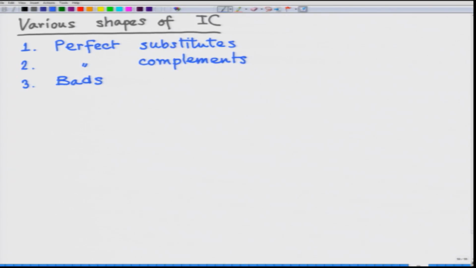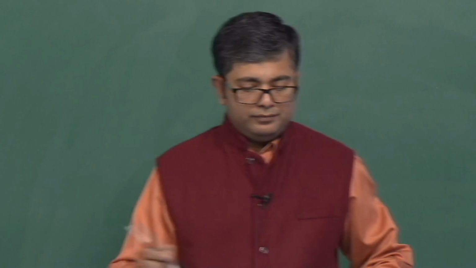So, we are going to study three types of indifference curves which have non-convex shapes, and we are going to discuss them one by one. So, first let us start with the case of perfect substitutes. Now, in the case of perfect substitutes, which assumption or axiom is violated?